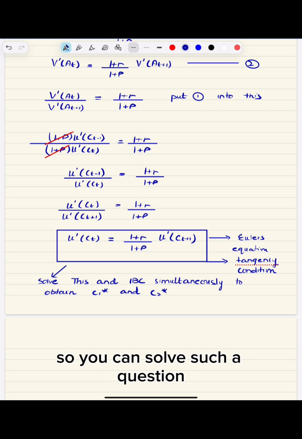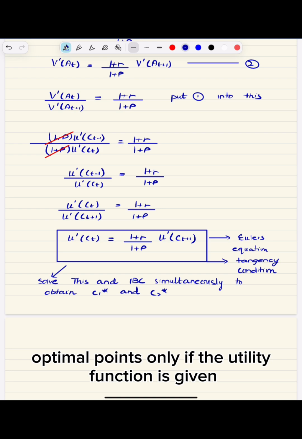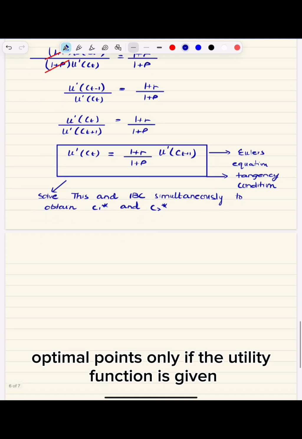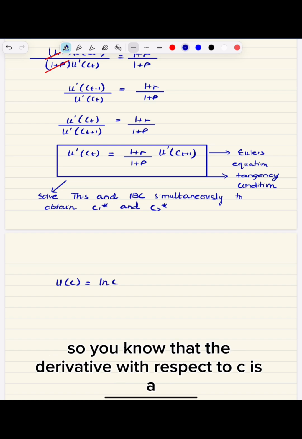You can get proper optimal points only if the utility function is given. So suppose the utility function is ln c, so you know that the derivative with respect to c is 1 over c.